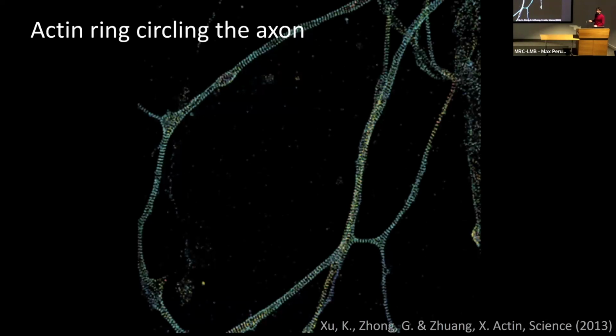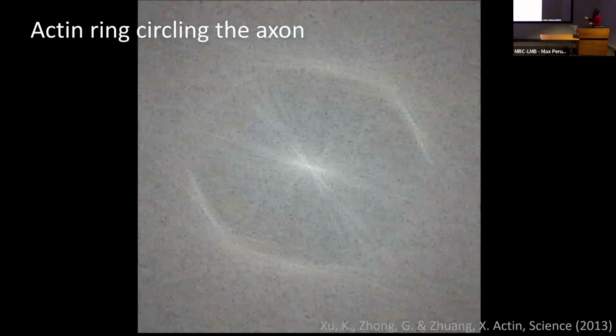You can look at this in a more relatable kind of picture. We have this actin ring circling the axon, which has been imaged using a super resolution microscopy technique, which Sarah will present next week. Then if we look at what it would appear like in a wide field microscope, we can look at our orientation.